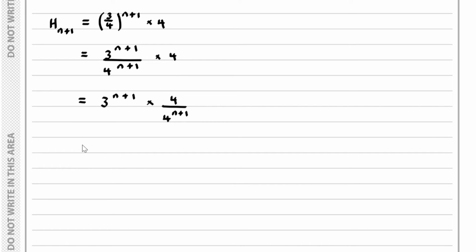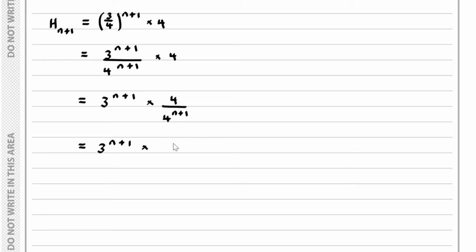And therefore what we'll end up with is 3 to the n plus 1. Now 4 divided by 4 to the n plus 1, that's just going to be a quarter to the n.